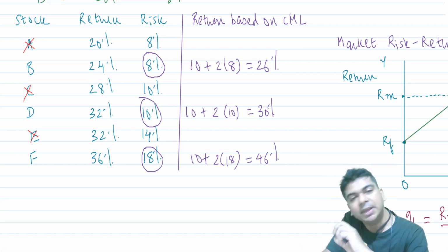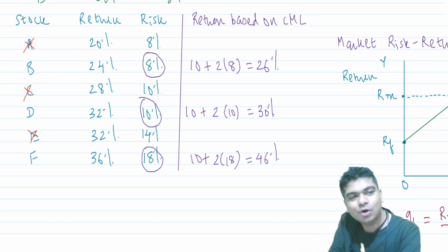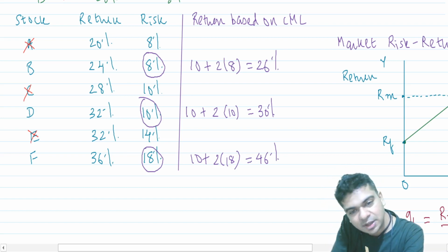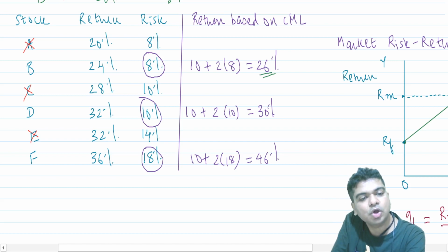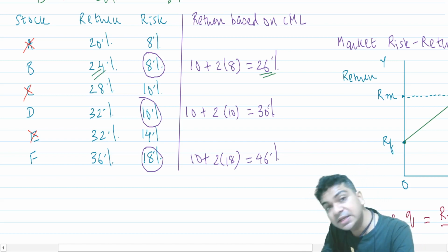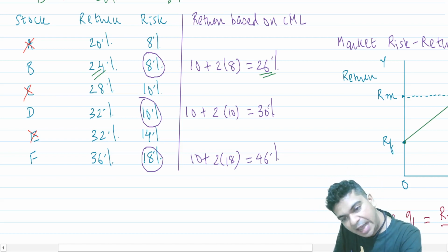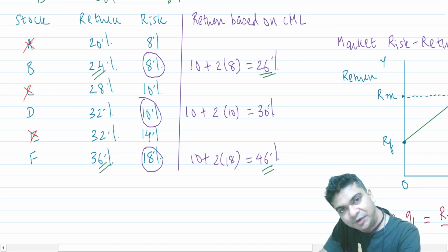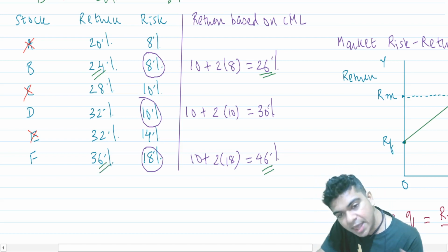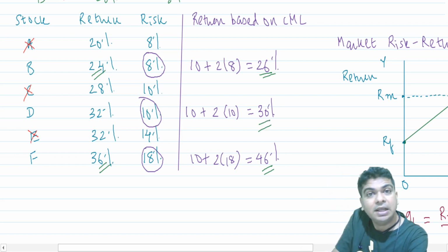This will now help me in selecting the optimal security. It's very much there on your screen, isn't it? See, I should get 26% return, but this security is giving me 24%. It is giving me less than what I desire. The last one. I should get 46% return, but the security is giving me 36% return. It's giving me less than what I require. And now just see here, this security should give me 30% return.